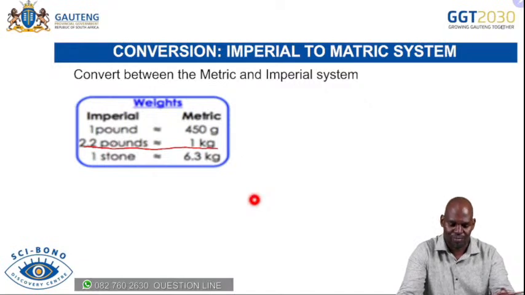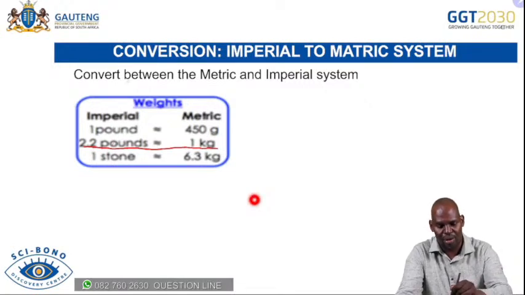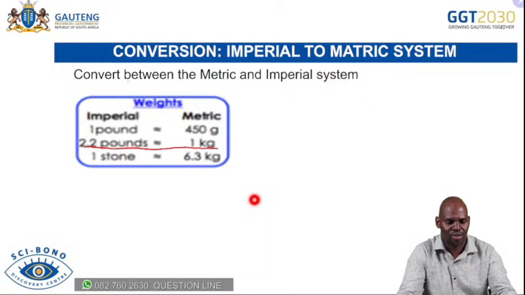If you hear that a certain rugby player or a soccer player from overseas weighs, let's say the weight is in pounds, you must have an idea of how much is that actually in kilograms. Remember, in this case, you'll have to convert it to grams and also be able to convert it to kilograms. Once you can convert it to grams, you'll easily be able to convert it to kilograms.